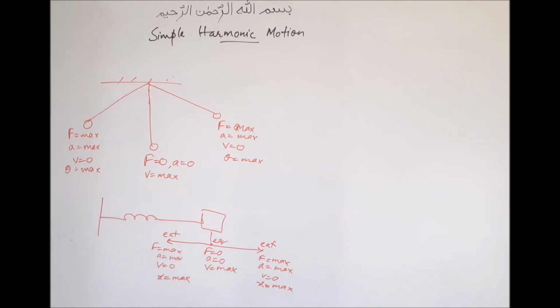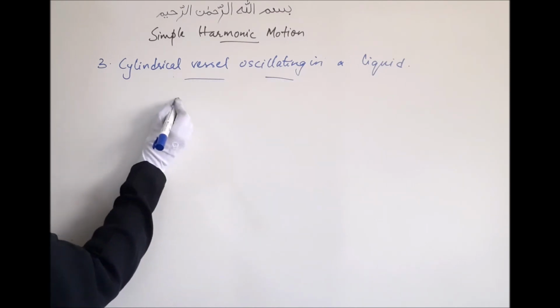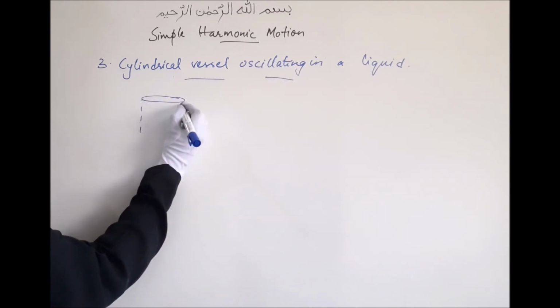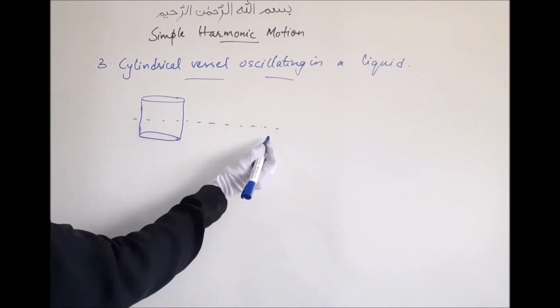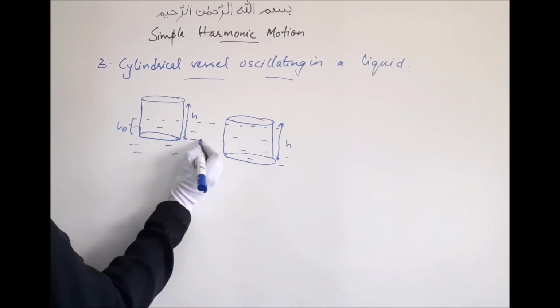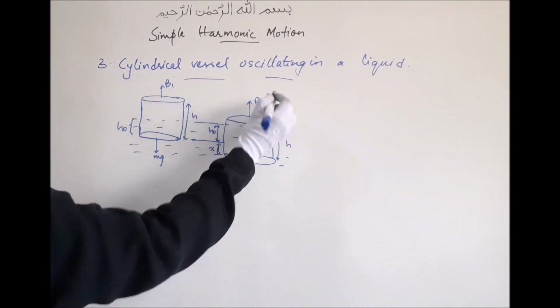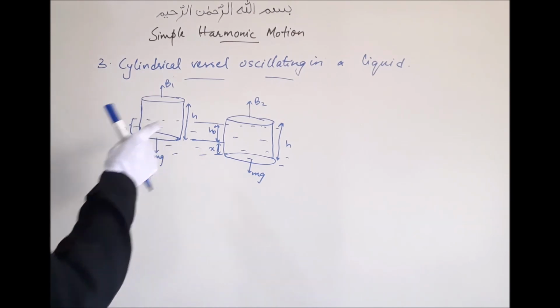Now we will look into our third system, which is a cylindrical vessel oscillating in a liquid. Let's consider a cylindrical vessel. So we have a cylindrical vessel which is oscillating in a liquid.